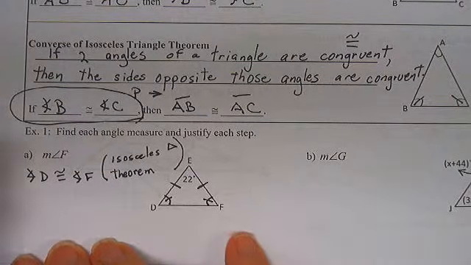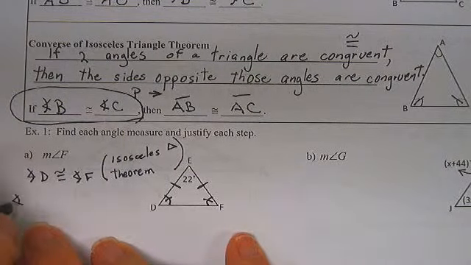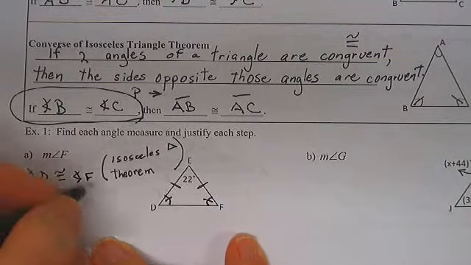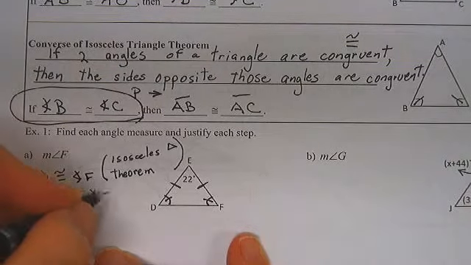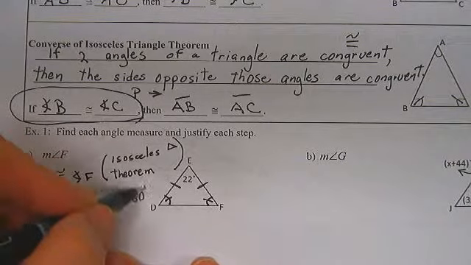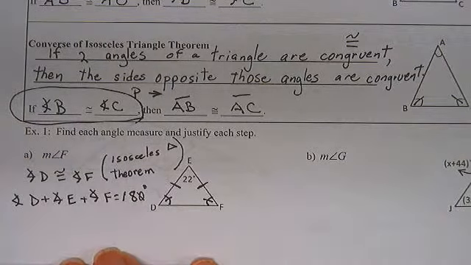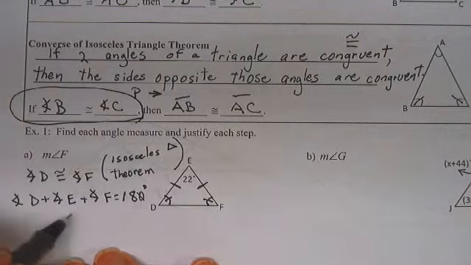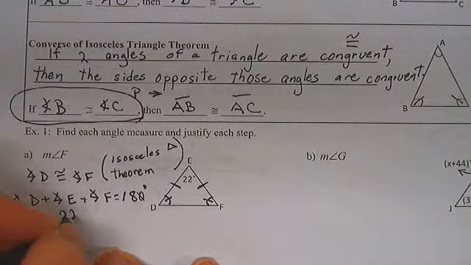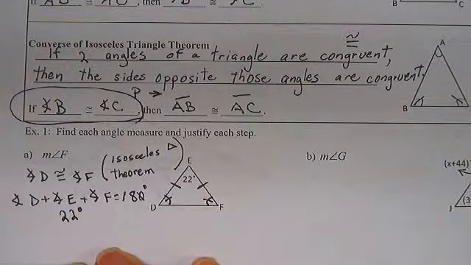We also know that angle D plus angle E plus angle F equal 180 degrees, right? Angle E is 22 degrees because that is given to us.